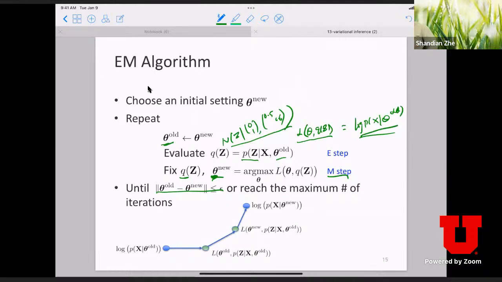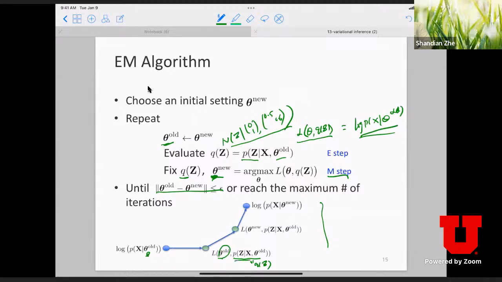This whole algorithm can be illustrated in this graph. At the current parameter theta old, you calculate the posterior distribution at theta old and make it Q of z. You fix it, and then you only maximize L with respect to theta.